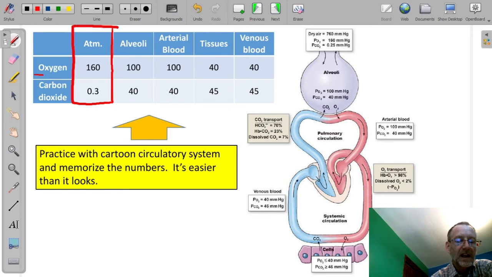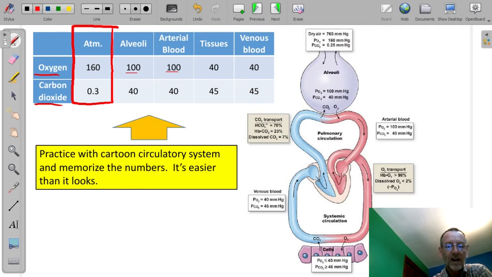And so there are two gases, oxygen and carbon dioxide, of course. So in the atmosphere, there's 160 millimeters of mercury of oxygen and about 0.3. And in the alveoli, the pressure drops to 100. And in the arterial blood, it stays at 100. So they go to equilibrium.